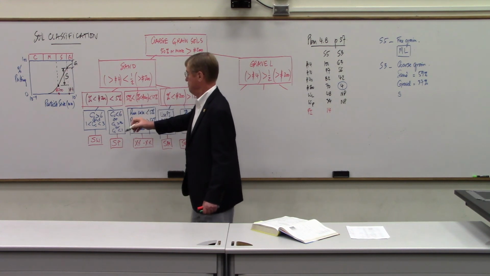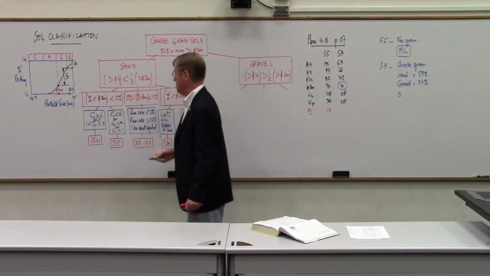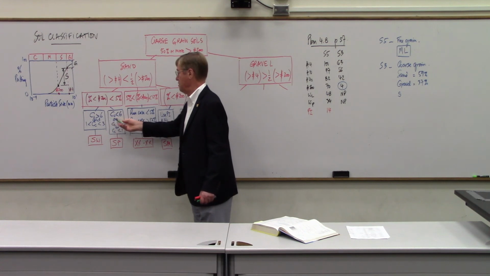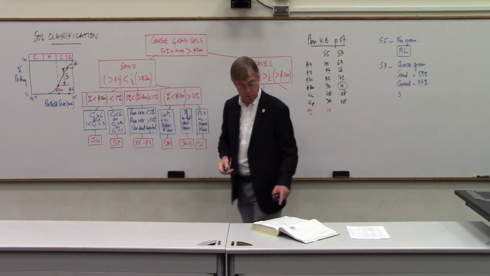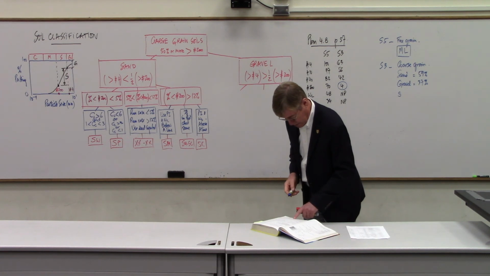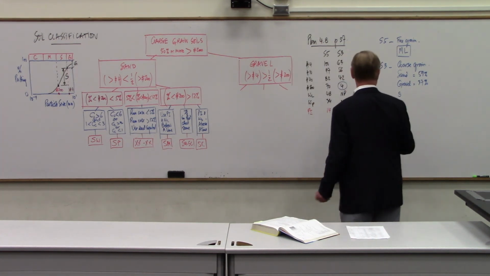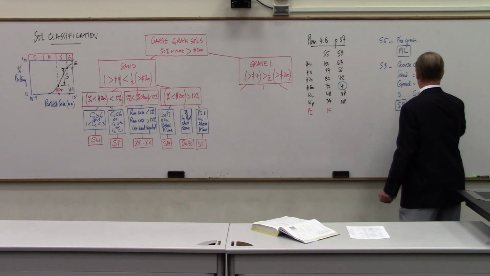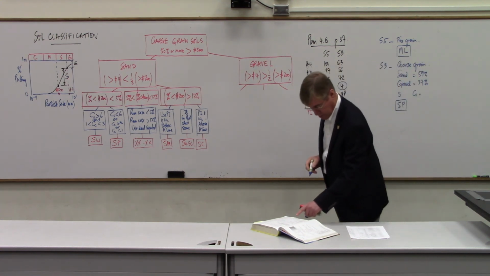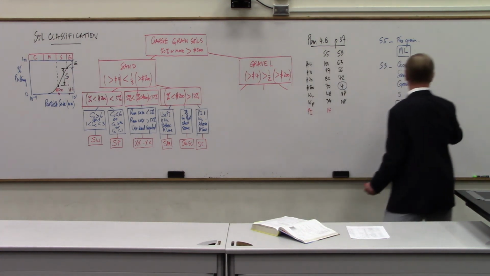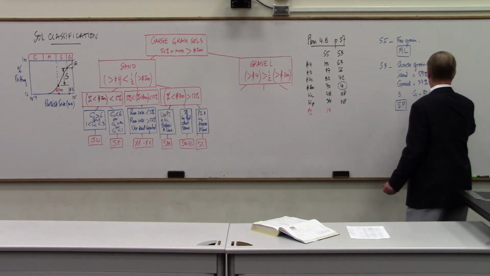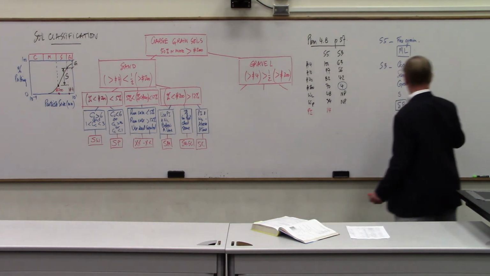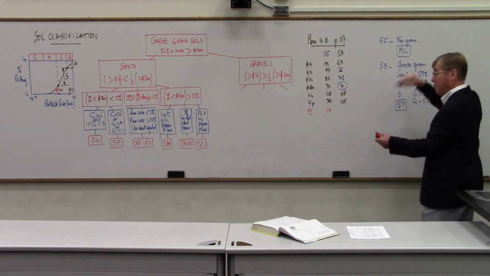So that means you fit here. You plot the curve, you calculate your C sub U and C sub C, and you see whether you fit here or there. In my case, my calculations indicated that I had an SP, because C sub U was 32.7, and C sub C was 0.2 after I plotted the curve.